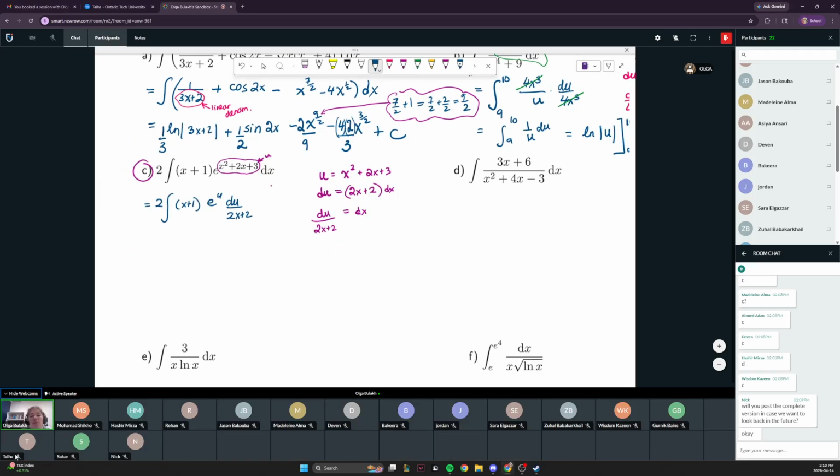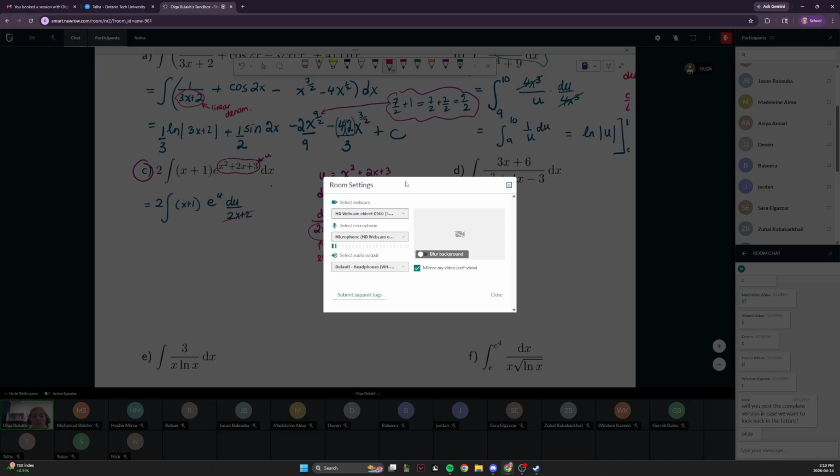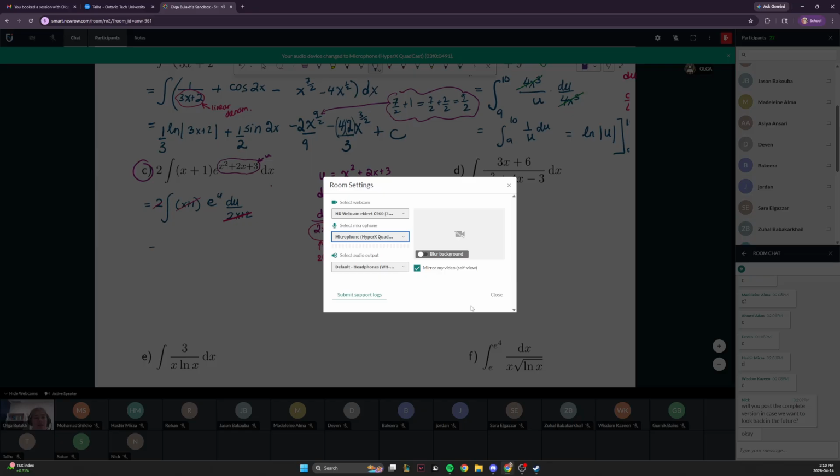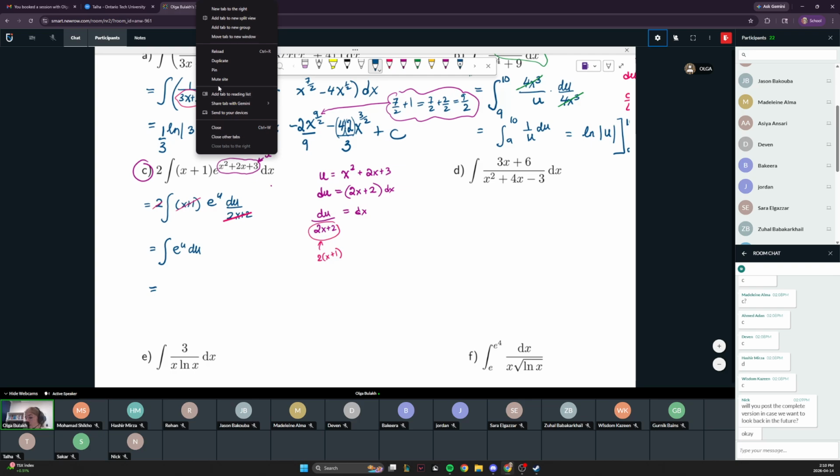Now, it doesn't seem like it's the same thing to cancel out, but technically this 2x plus 2 is 2 times x plus 1. So the 2x plus 2 and the 2 with the x plus 1 cancel out. And that leaves us with e to the u du, an exponential function.